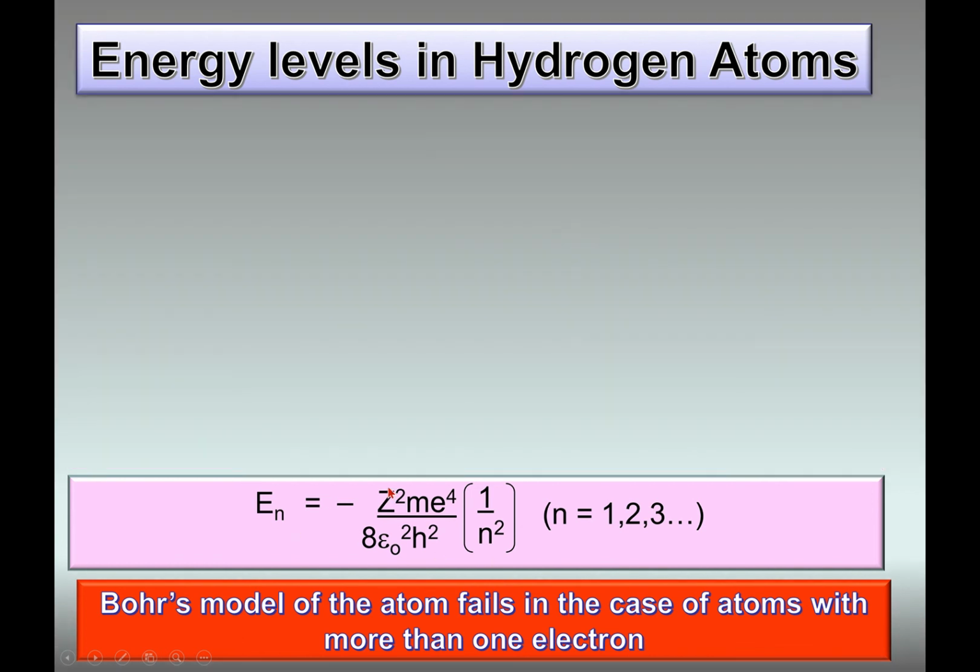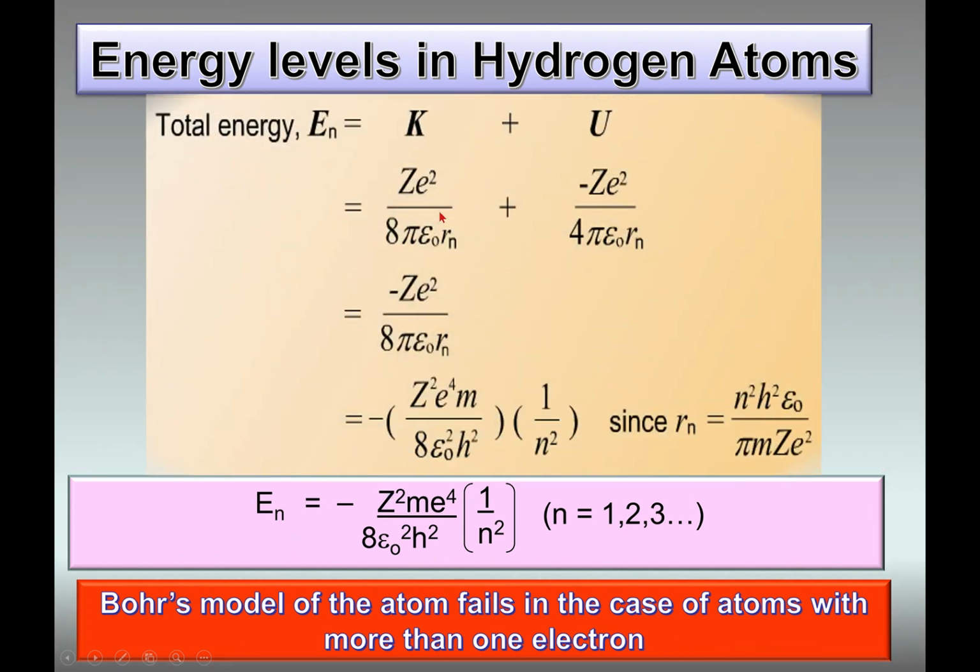How we get this is with the same method as the previous slide, but we substitute rn equals n squared h squared epsilon naught per pi m Z e squared. Okay, so we substitute into here. Therefore this Z brought up becomes Z times Z, so Z squared. That's why we have the term Z squared here.